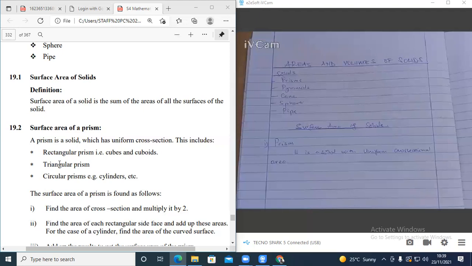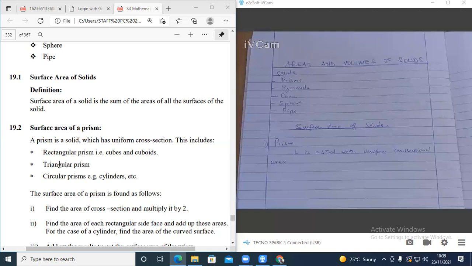What do they mean by a uniform cross-sectional area? If you look at a rectangle, if it is a rectangular prism, then the area of that rectangle is what gives the cross section.